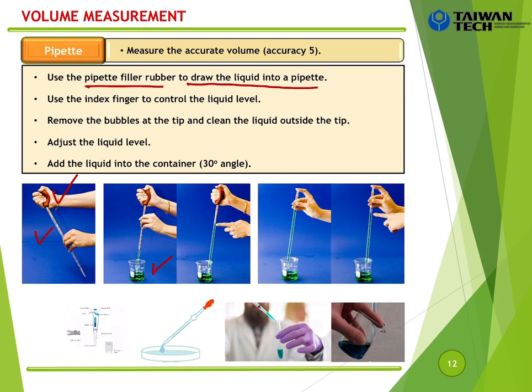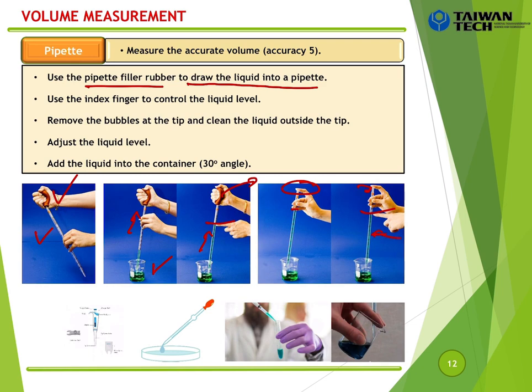And then you let the air move up, so liquid can move up a little bit higher than the level you have. Okay, and then you remove this one, and you use the index finger to keep the liquid here, and then you just let air come slowly, and come to the level you want to control.